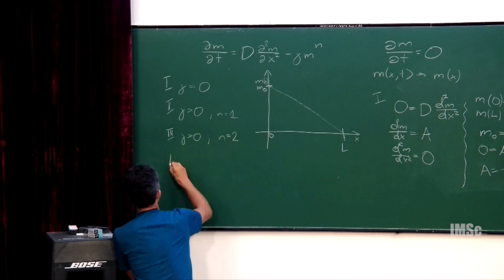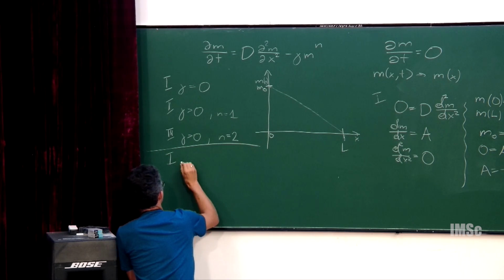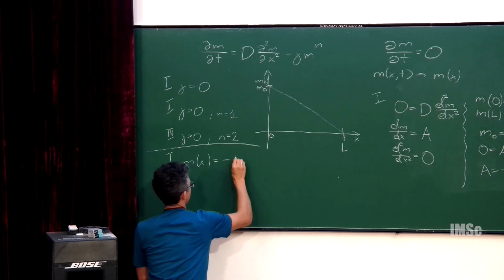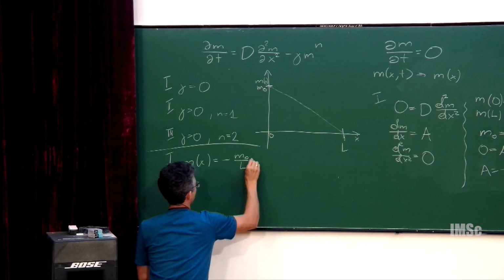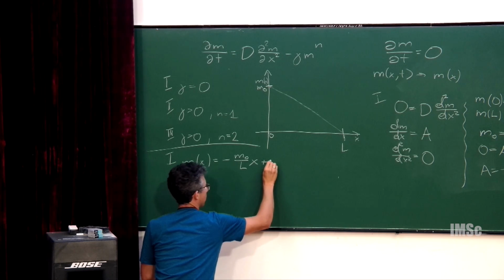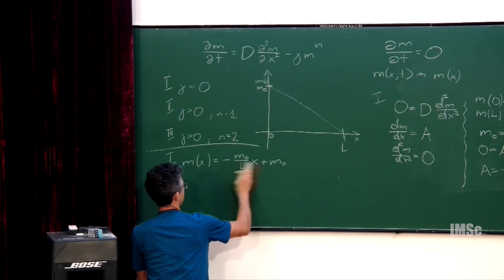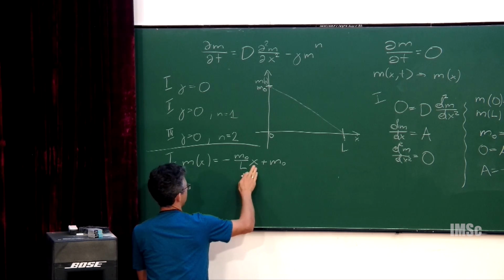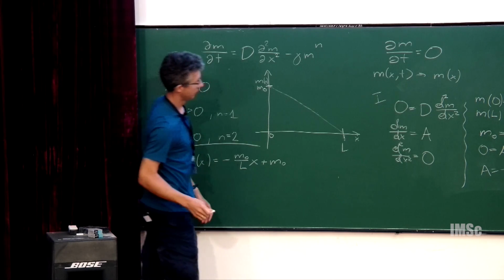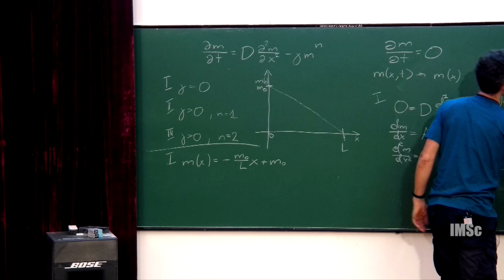And let me maybe write it here. So indeed, for 0 it gives you M0, and as x gets to L, it's gone. Now let's quickly go to the case 2.